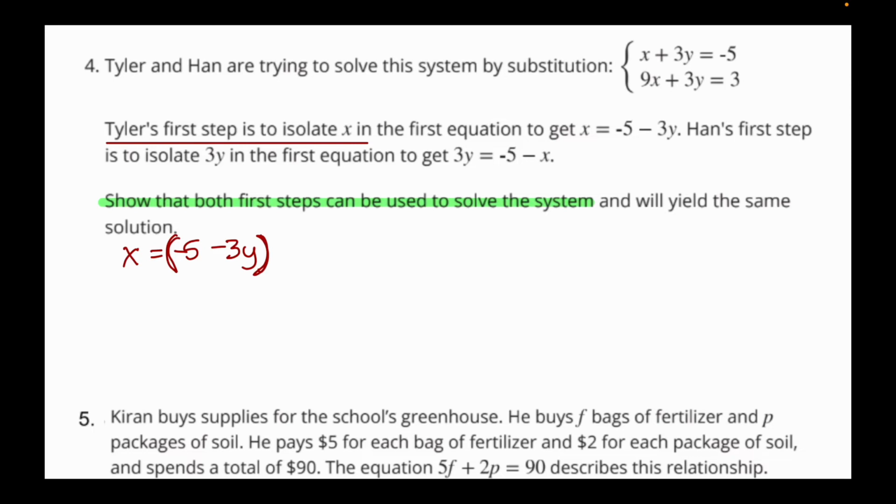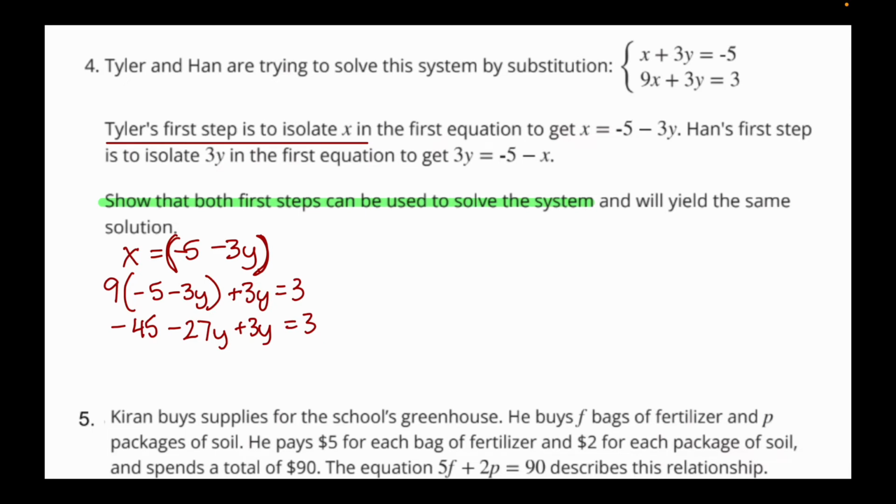So on his equation, when he has 9x, it's now going to become 9 times negative 5 minus 3y, and then plus 3y equals 3. Let's work this one out, and then I'll show Han's first step. So 9 times negative 5, we're going to have negative 45. 9 times 3 is going to be negative 27y plus 3y equals 3.